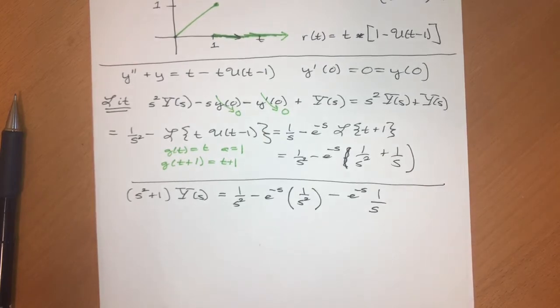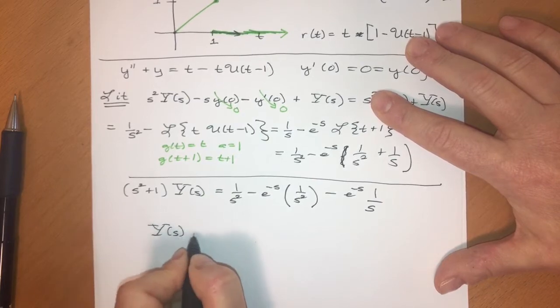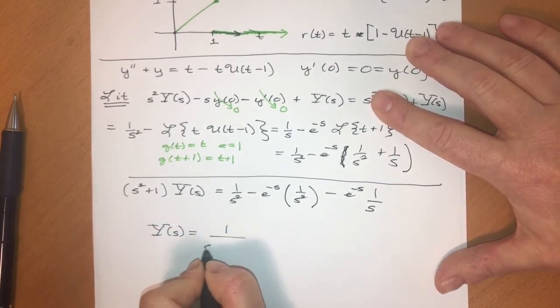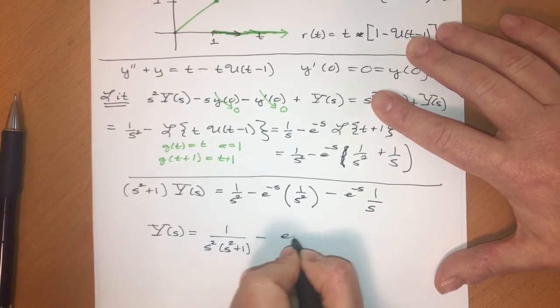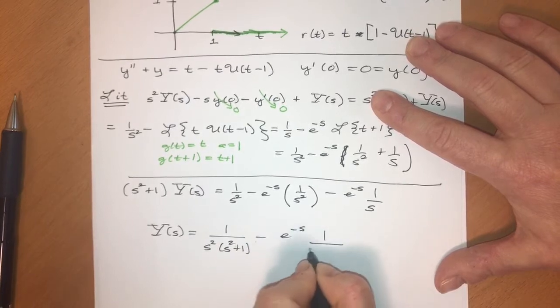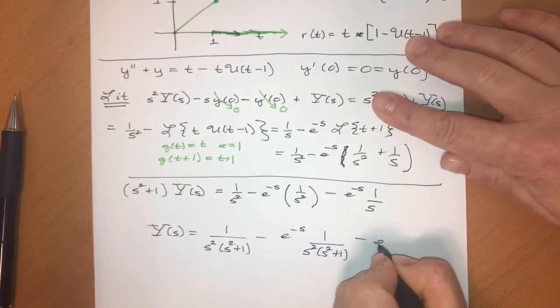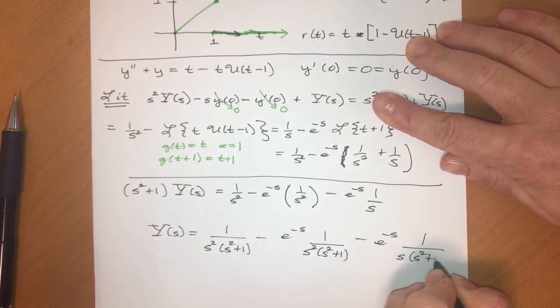And then the next thing to do is solve for the Laplace of y. So I'm going to have 1 over s squared times s squared plus 1 minus e to the minus s, 1 over s squared times s squared plus 1 minus e to the minus s, 1 over s times s squared plus 1.